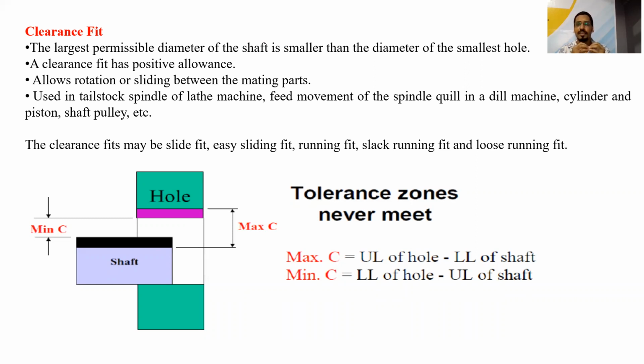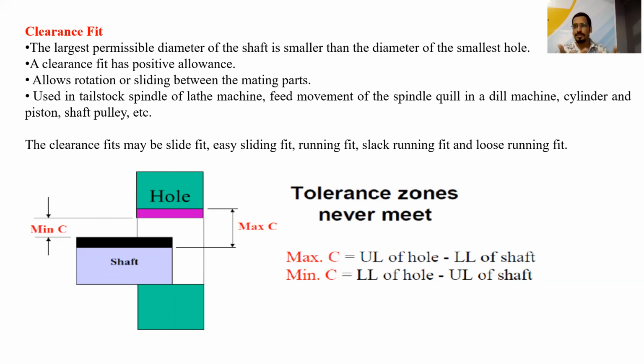The example of clearance fit exists in the tailstock spindle of the lathe machine. The spindle of the tailstock can move easily inside the tailstock of the lathe machine.